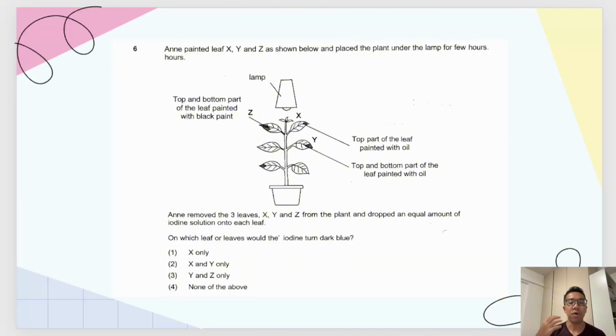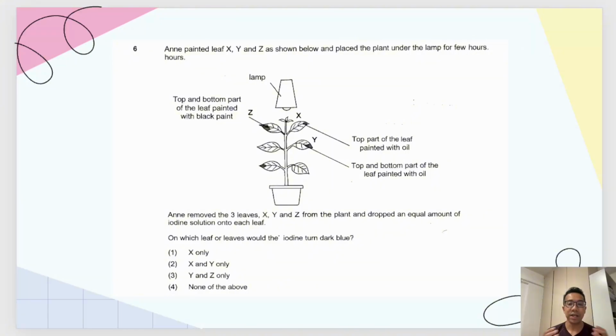In order for photosynthesis to occur, you will need carbon dioxide, which enters the leaf via the stomata on the underside of the leaf, and you will also need light energy, which interacts with the chlorophyll on the top part of the leaf. That is what the question is really asking.